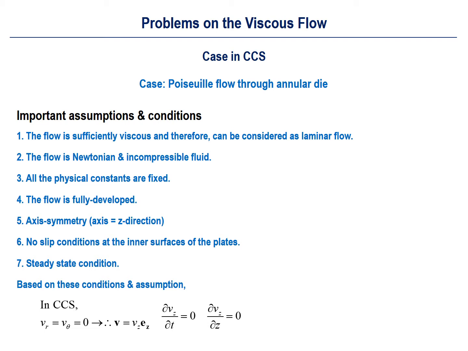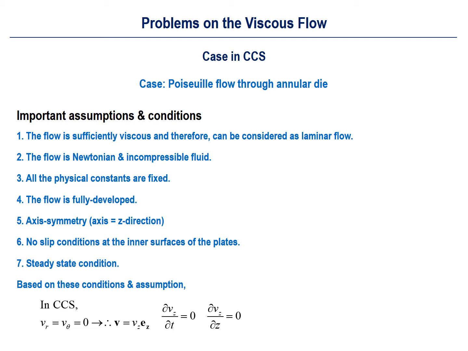The fifth one is the existence of the axis symmetry. Here, the axis of symmetry is the z direction. It means that there will be no dependence of the velocity profile on the azimuthal angle because the azimuthal angle has axis symmetry. Okay. The sixth one is the no-slip boundary condition at the inner surfaces of the plates.